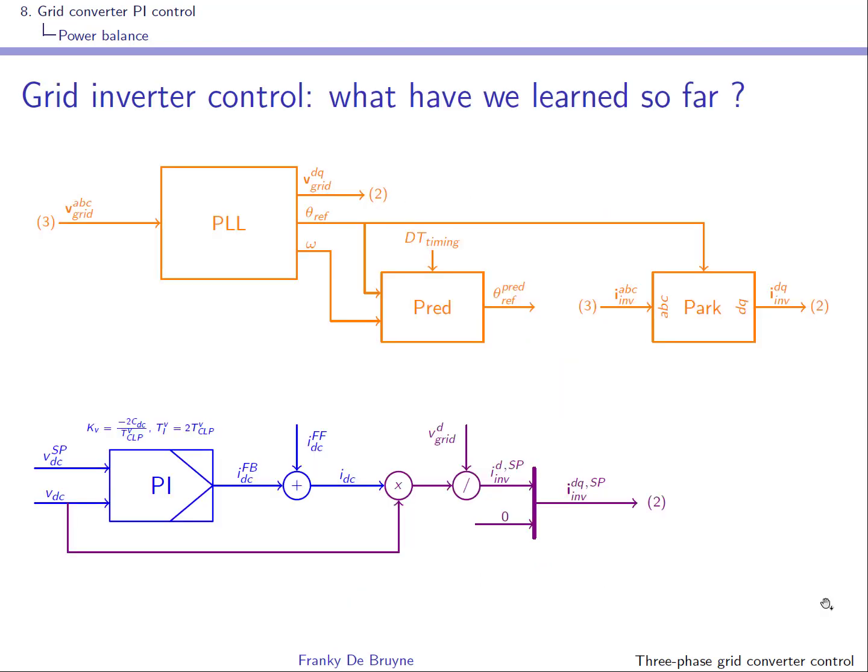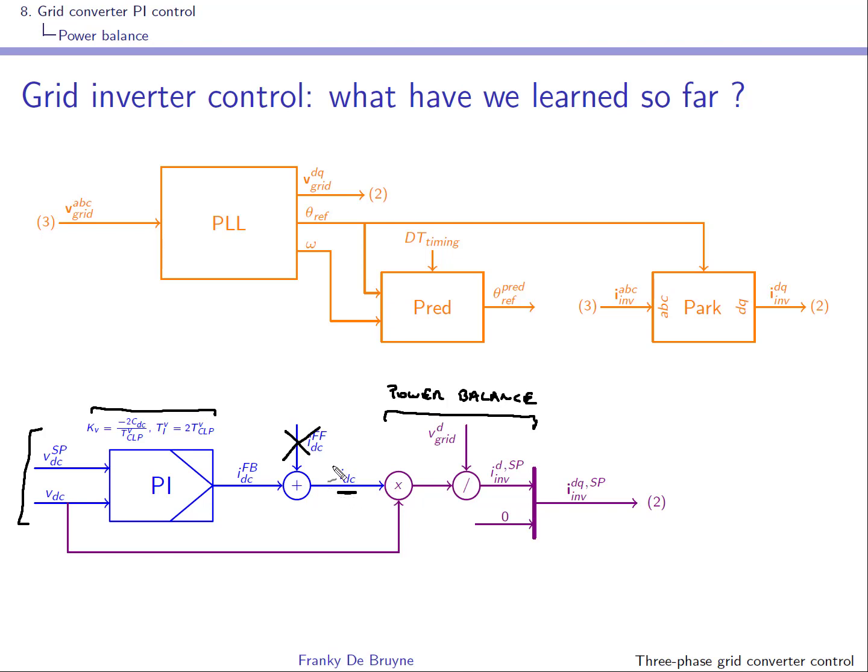We had seen previously how you could control the DC bus voltage using a PI controller, and here you have the PI controller parameters. We have seen that in our simulation examples, you don't need any feed forward, and we arrived at a DC current set point that flows out of the PI controller. This part over here is the power balance that I have just explained.